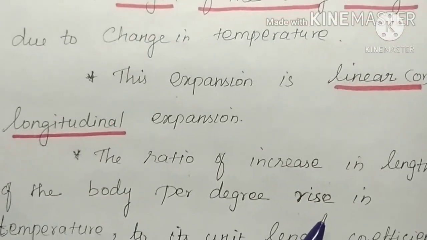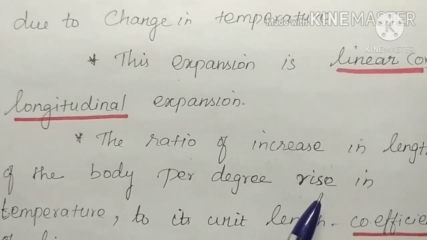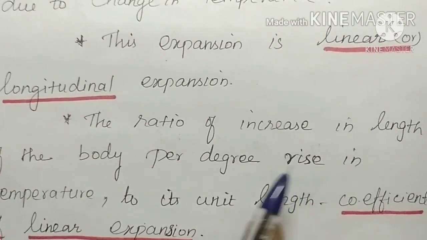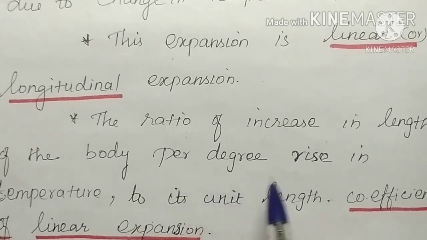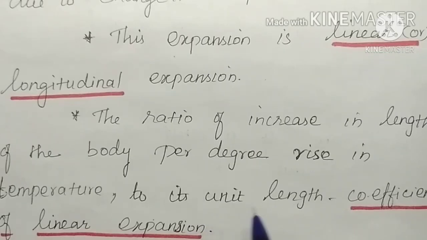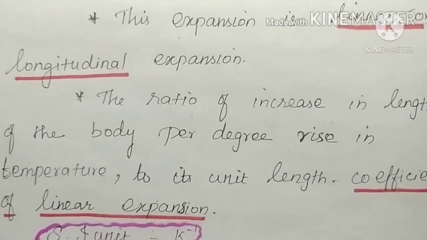Now we are going to learn what we mean by coefficient of linear expansion. The ratio of increase in length of the body per degree rise in temperature to its unit length is called the coefficient of linear expansion.